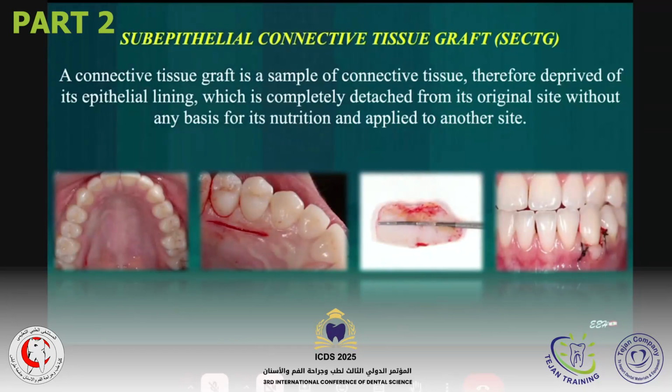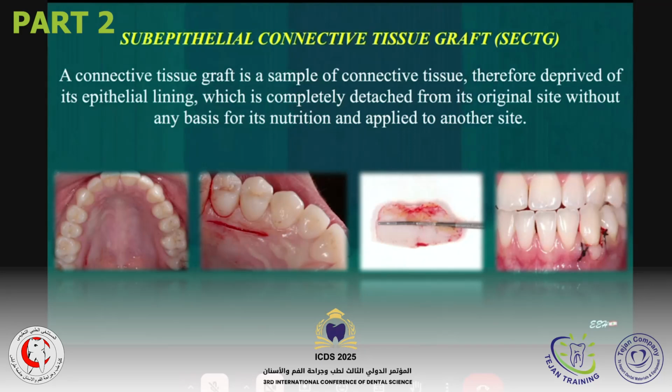You can harvest it from the palate, and it's a segment of connective tissue, therefore deprived of its epithelial lining, which is completely detached from its original site without any basis for its nutrition, and applied to another site.